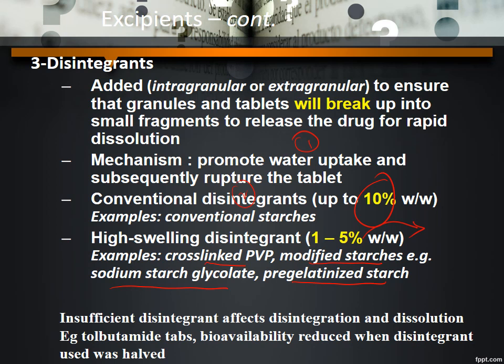Okay, insufficient disintegrant can affect disintegration and dissolution.